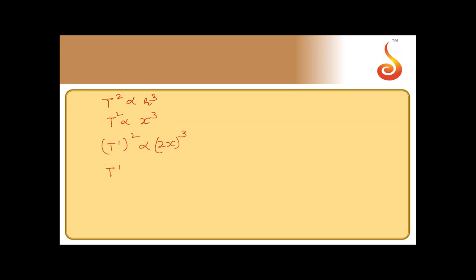So t dash square is proportional to 8x cube. So t dash by t whole square is equal to 8. So t dash is equal to 2 root 2 times t. That should be option C.